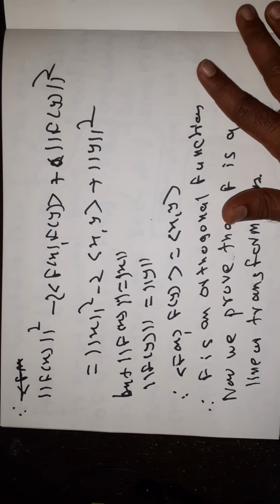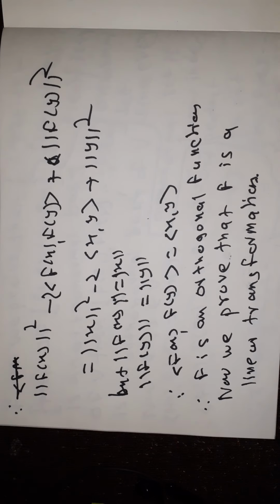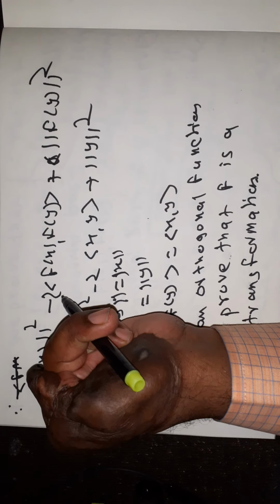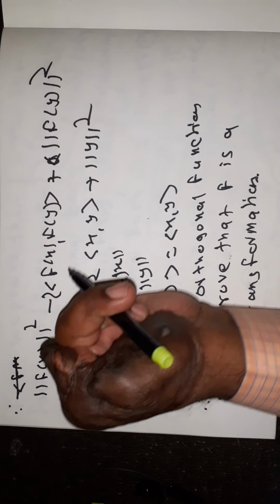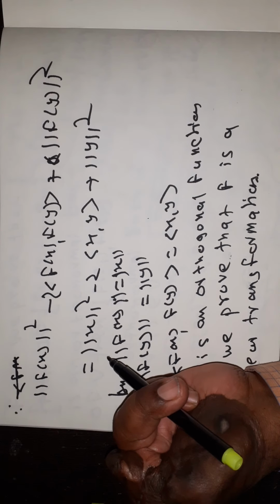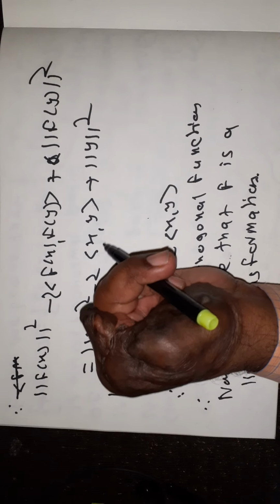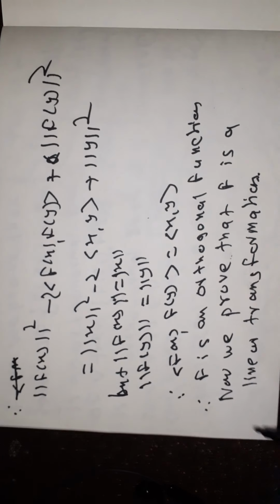And this is equal to, therefore, norm of f(x) squared minus 2 angle bracket f(x), f(y) plus norm of f(y) squared is equal to norm of x squared minus 2 angle bracket x, y plus norm of y squared.